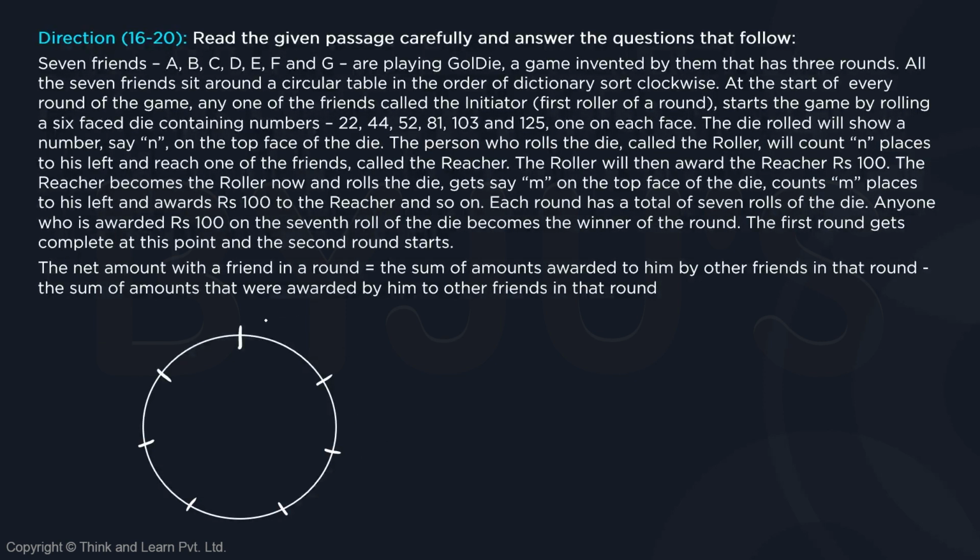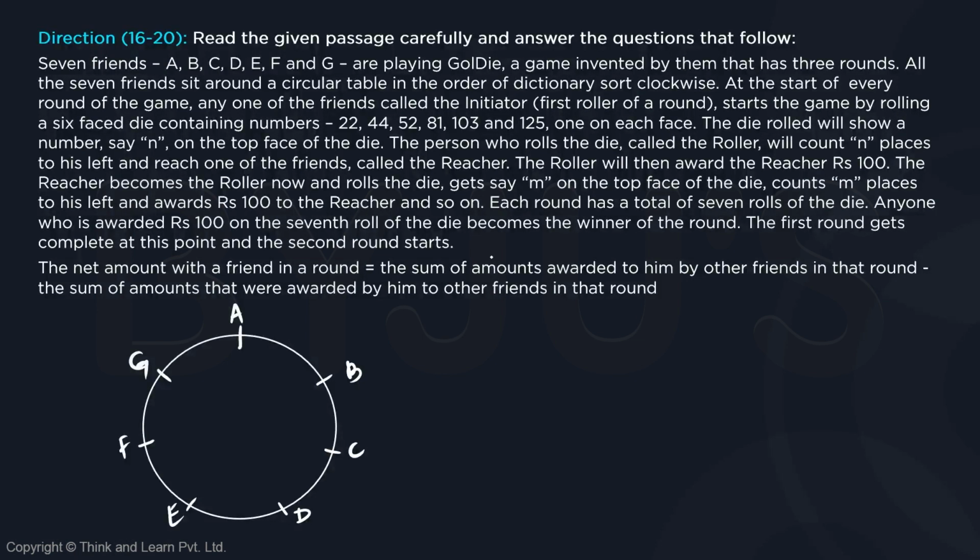Okay, so since the people are sitting around this in the order of dictionary sort, that means we have A, B, C, D, E, F, and G. They are seated in this format.